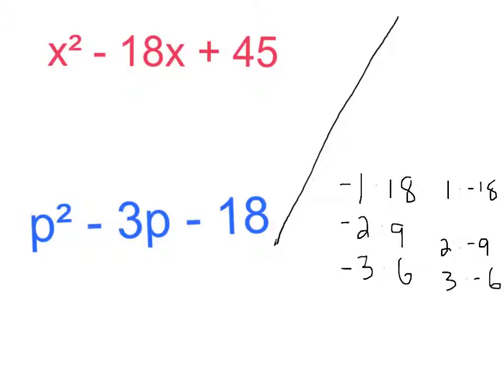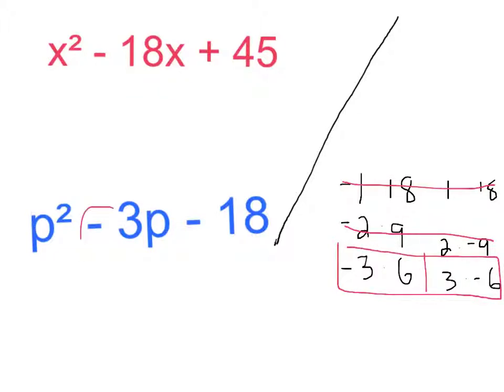Look at all of those sets and which ones will add up to a negative 3. 1 and 18s, they're not going to work. 2 and 9, not going to work. So it's one of these involving 3 and 6. Because we want them to add up to a negative number, that means the bigger number has to be negative, which would be this one right here.